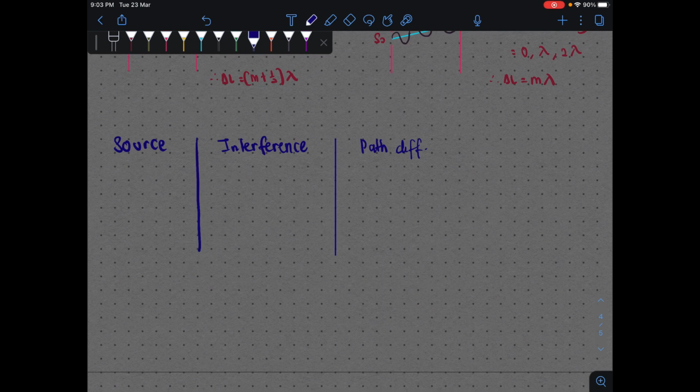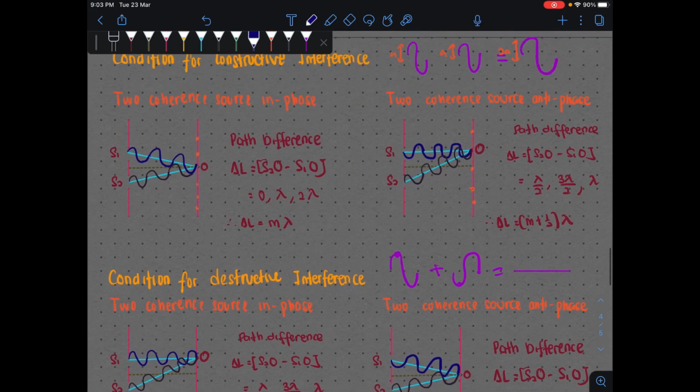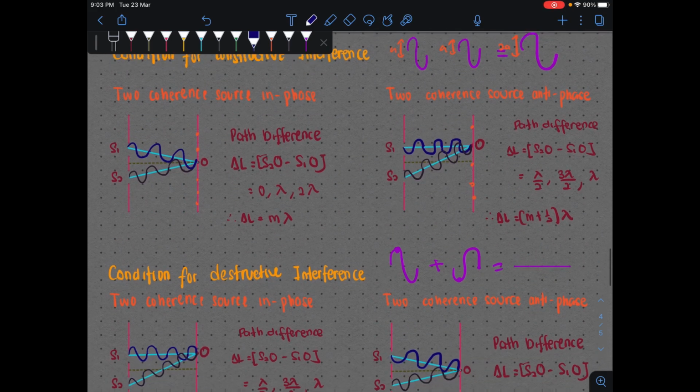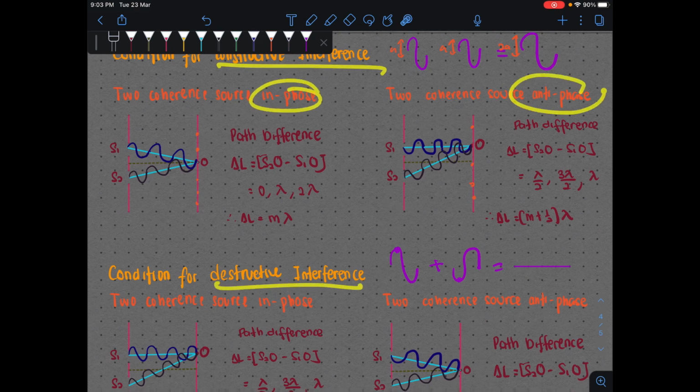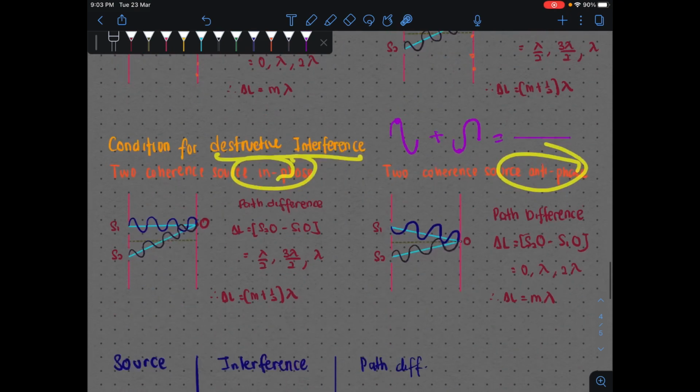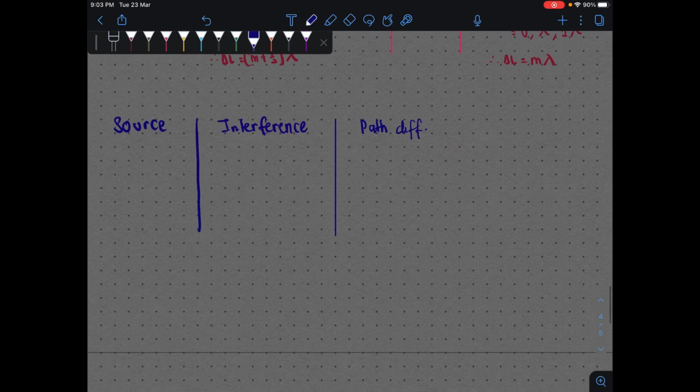So your source here can be either in phase ataupun anti phase. Dua je. Kalau kamu tengok untuk both the cases, constructive ataupun destructive interference sekalipun, kita ada dua je jenis, in phase, anti phase. So the source here has been divided into two types, iaitu in phase dan juga anti phase.